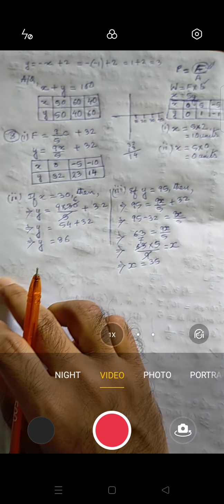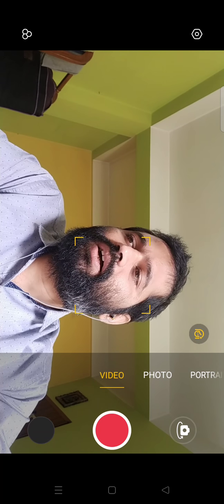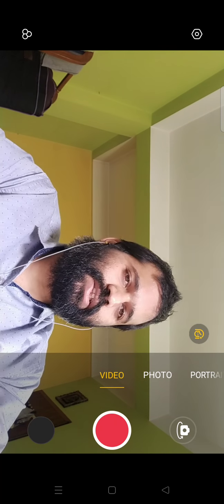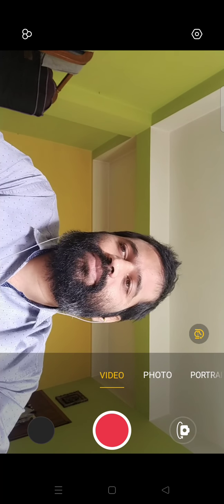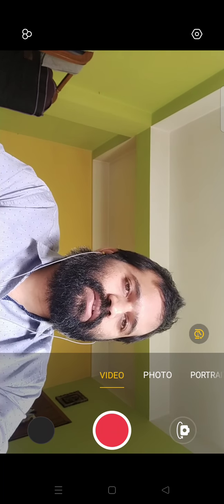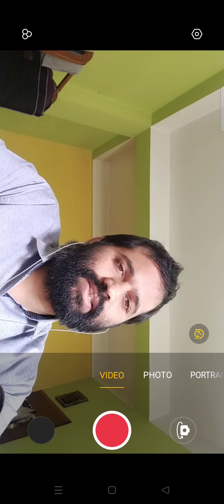Now let's move to another question. This time you will do it on your own. Number 3: if the temperature is 0 degree Celsius, Celsius we have taken as x.